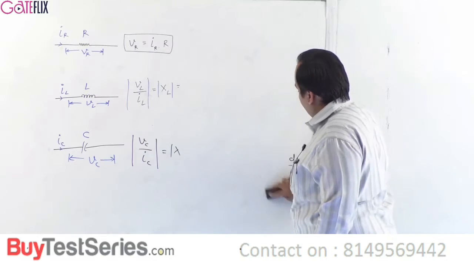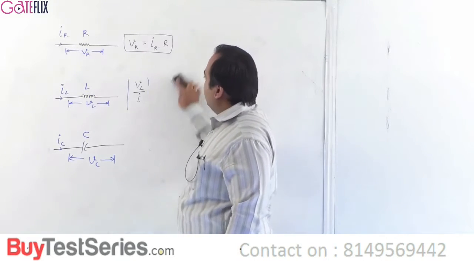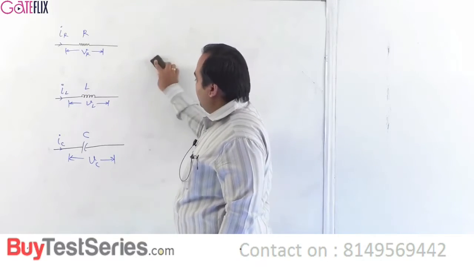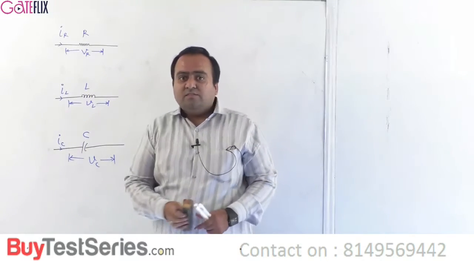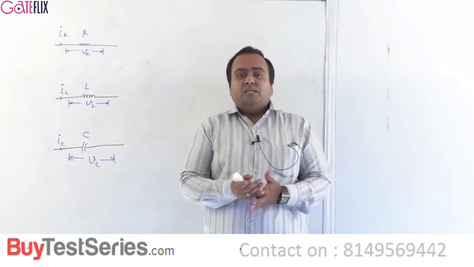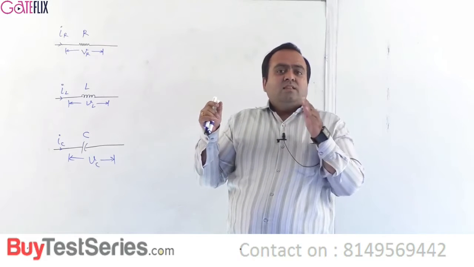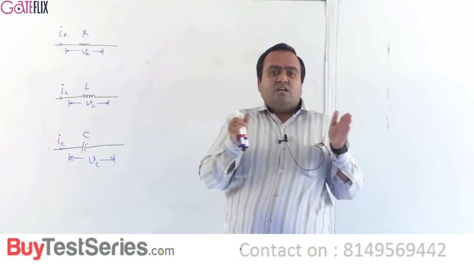Now, before taking our discussion further, I would like you to understand some basic concepts of phasor algebra or the phasor calculations, how the phasor calculations are done. Because please understand, since every quantity is a sinusoid, they will have some phase difference among them.